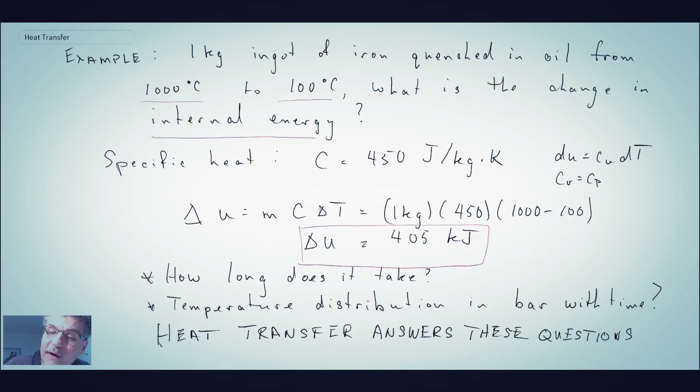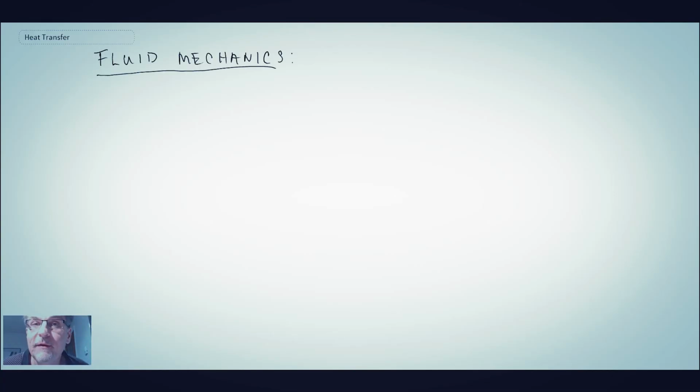Okay, so that's thermodynamics. Let's take a look next at fluid mechanics. The place where fluid mechanics comes in to heat transfer is when we have convective heat transfer. So let me scroll back here.